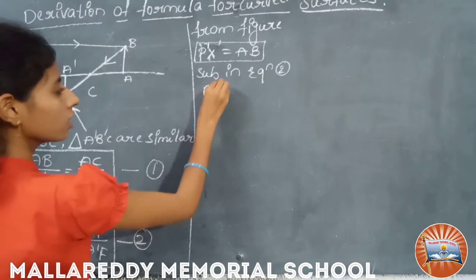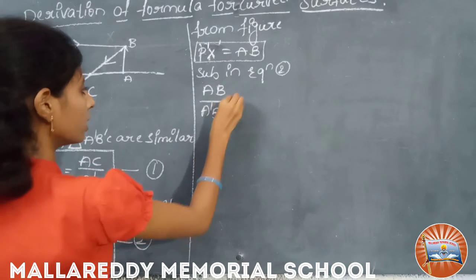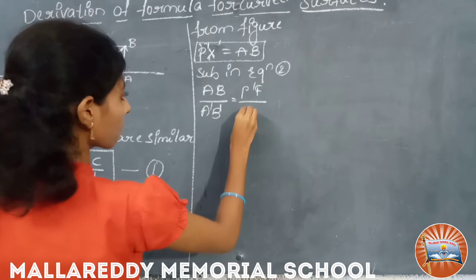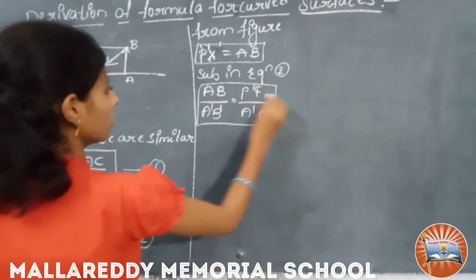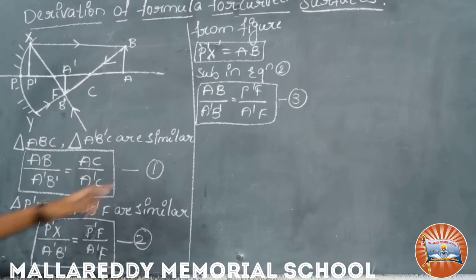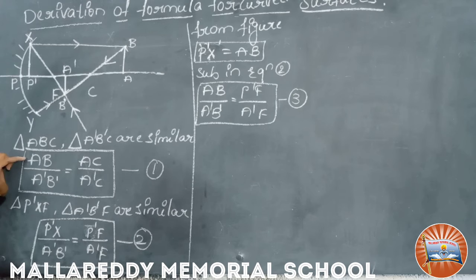Now we will get here AB by A dash B dash is equal to P dash F by A dash F. Now this is equation 3. Now see equation 1 and equation 3. Equation 1 is what?